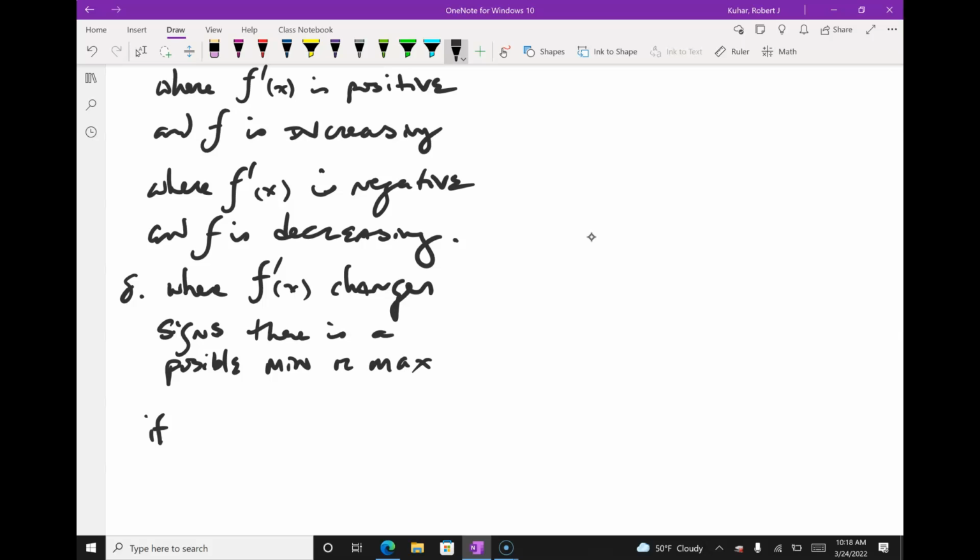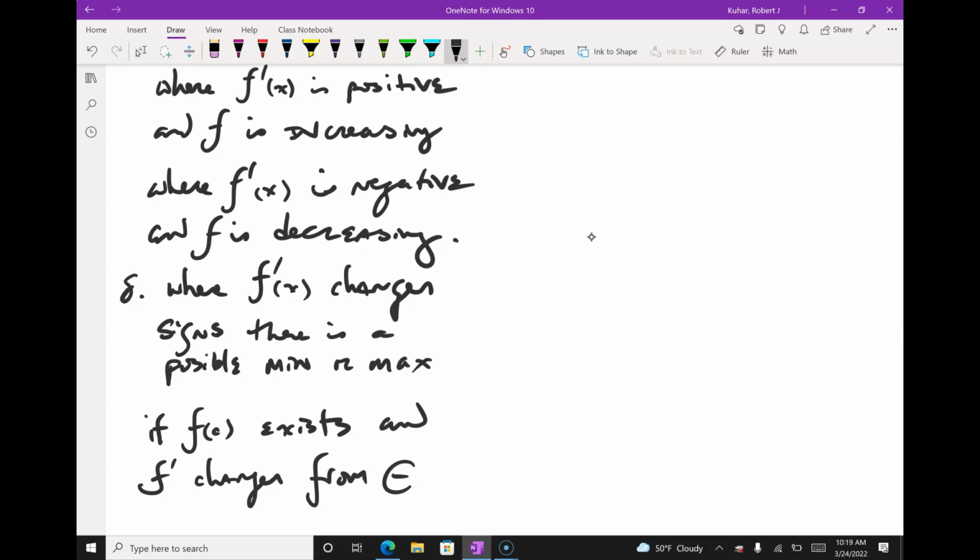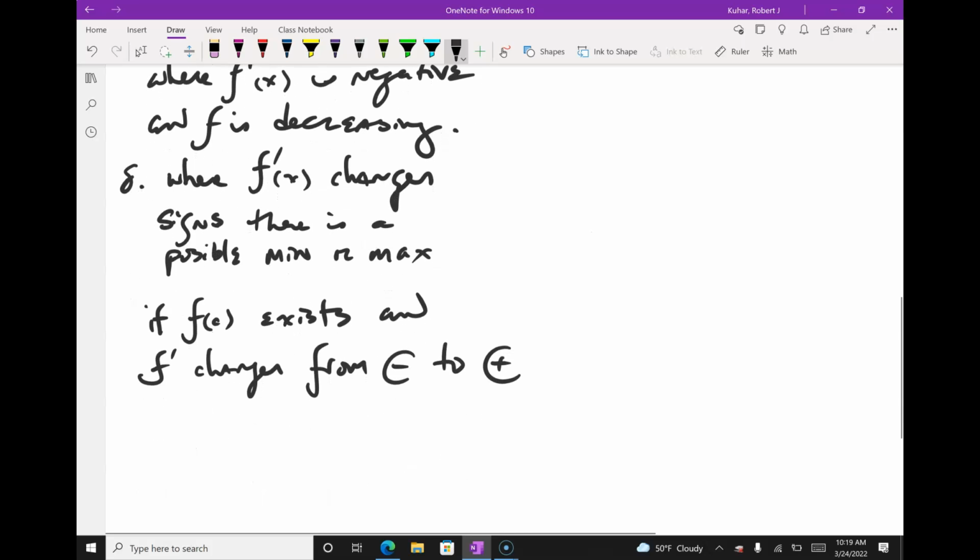If f of c exists and f prime changes from negative to positive, think about it, negative to positive, it's a local min. C comma f of c is a local min.